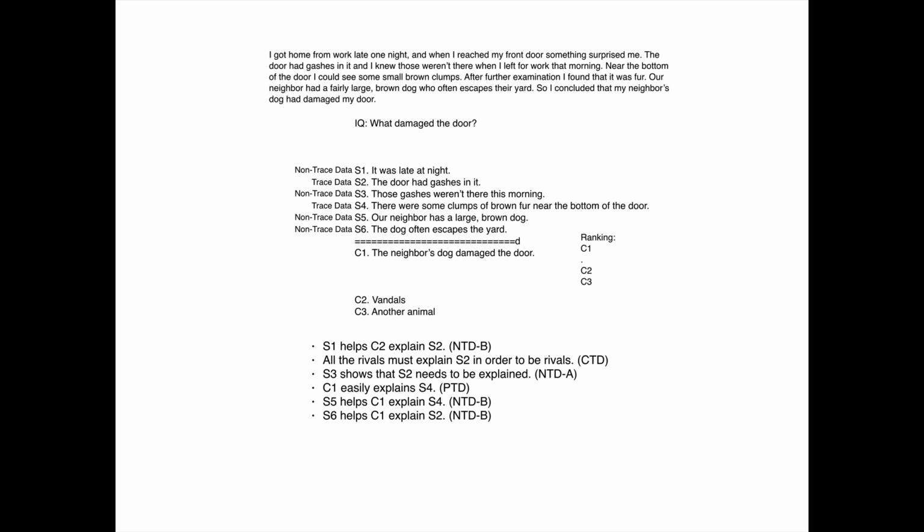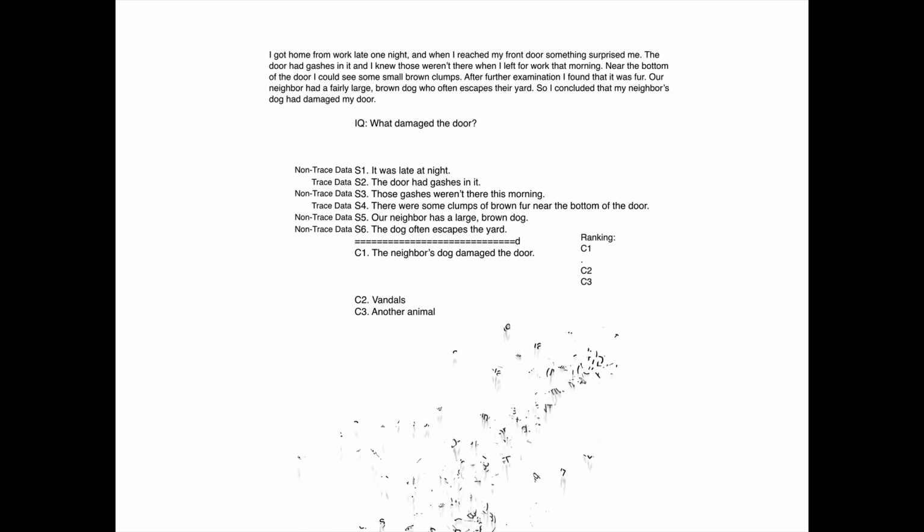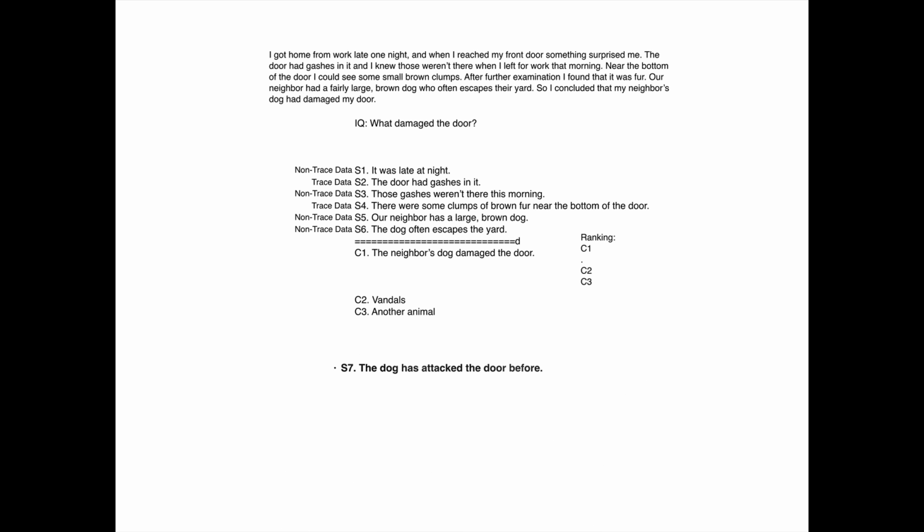So here we go. I'm just going to give you two here. The first one that I came up with is S7, the dog has attacked the door before. Now in the chapter 4 language, certainly that would increase the gap between C1 and C2, but why does it do that? Because I think it helps C1 explain S2. So there we go. Then the next one I came up with is this one.